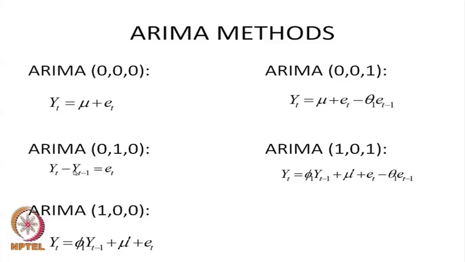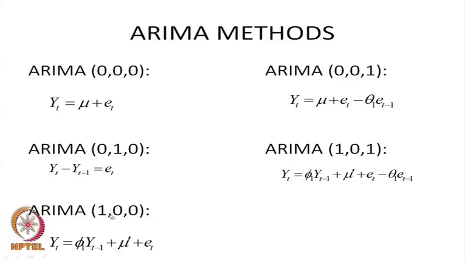So, y_t minus y_t minus 1 is E_t. So, we difference the values and work with the differenced values. This is called ARIMA, I standing for integrated, autoregressive integrated moving average methods. So, we difference to make non-stationary data stationary.